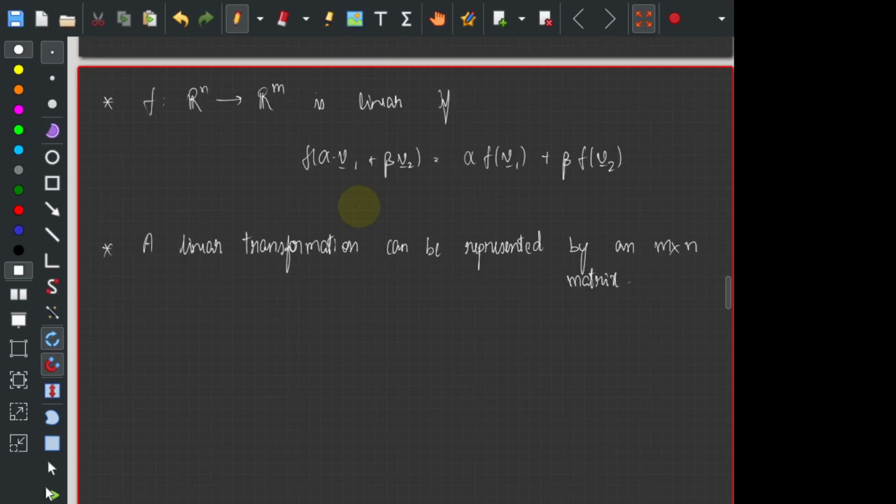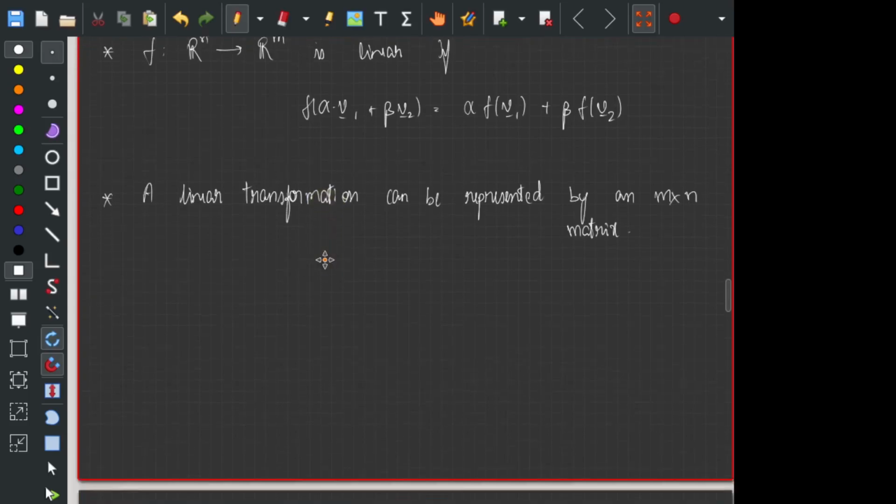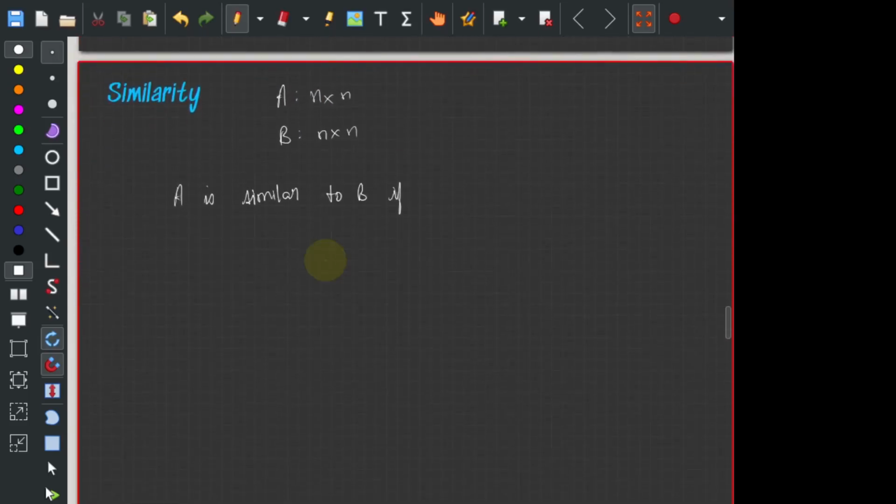Any linear transformation from Rn to Rm can be written as an m by n matrix with real entries. These are things that you would have definitely seen and should be very comfortable with.